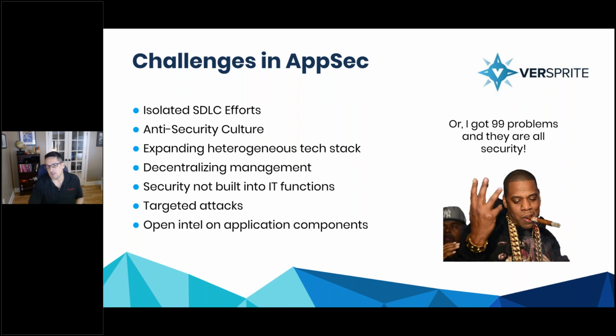And then, last but not least, and this by no stretch of the imagination is an all-inclusive list, the supply chain, so I have here open intel and application components. If you think about applications today, you have applications that are really comprised of a lot of different software that honestly came from somewhere else. You have even some of the tools that we're going to be talking about today. You might be a DevOps engineer, and you might say, well, this tool looks interesting.